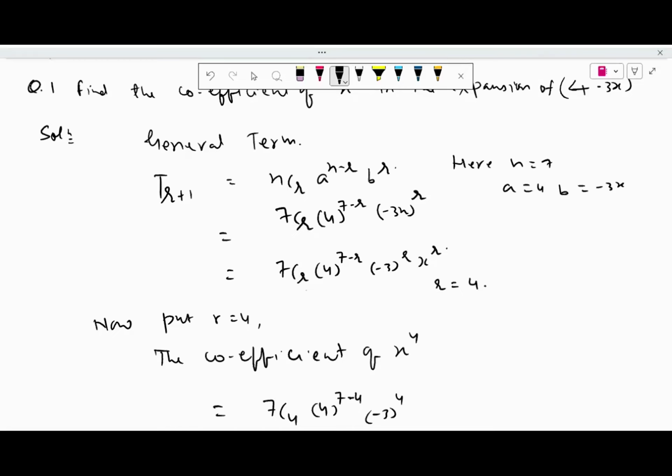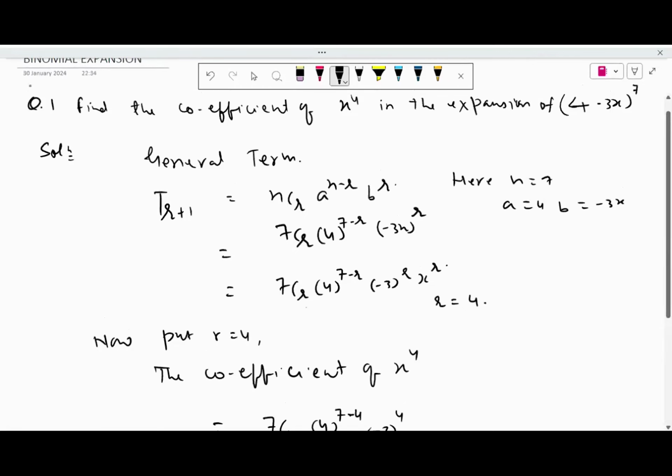So here we have a equals 4, b equals negative 3x, and n equals 7. So 7Cr, 4 to the power 7 minus r, and minus 3x to the power r. Minus 3x to the power r can be written as minus 3 to the power r multiplied by x to the power r, as we know (ab) to the power m can be written as a to the power m, b to the power m.